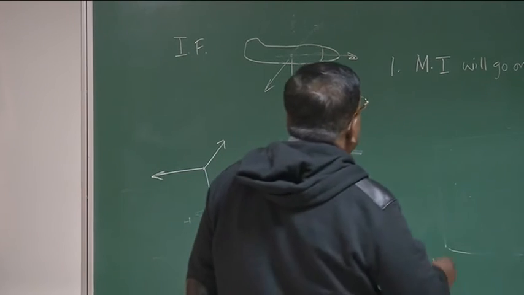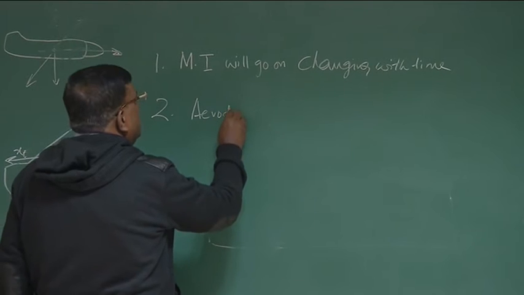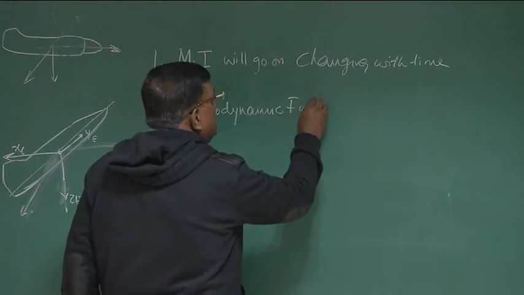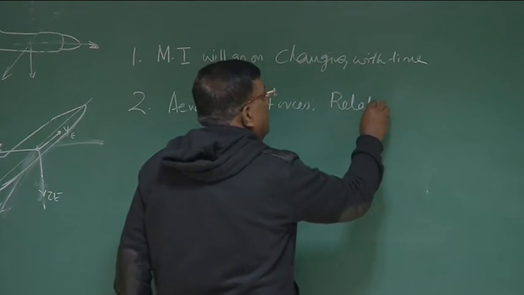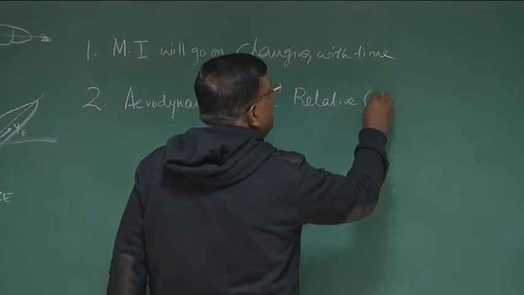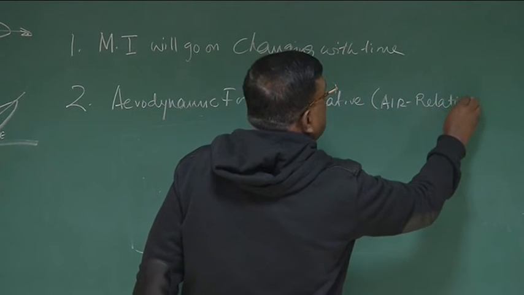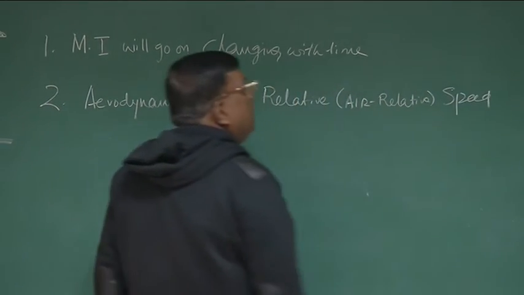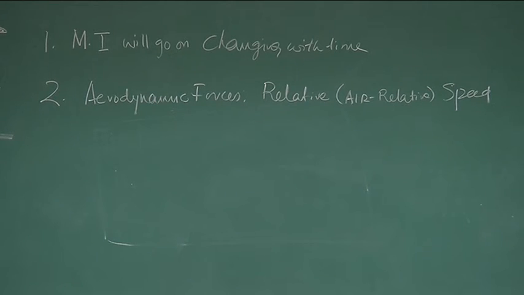This is one. Second thing is, we all know the aerodynamic forces depend upon the air relative speed or velocity. It has nothing to do with the speed with respect to the ground or earth fixed system.